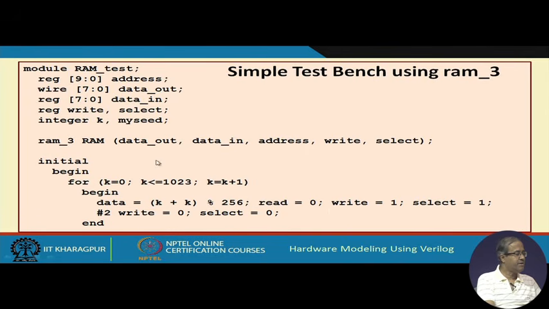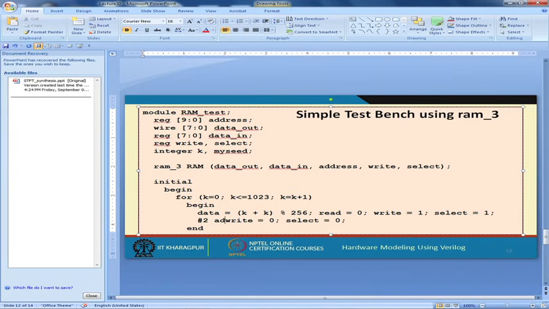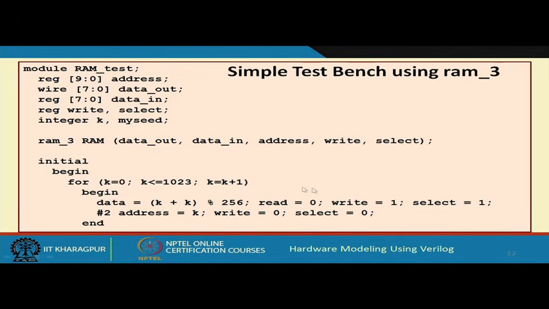Now, here there is one mistake that I see which I have missed out. Here I have not put the address, you will have to put another line here: address equal to k. This is missing, because where will you be writing? You will be writing it into address k, right.